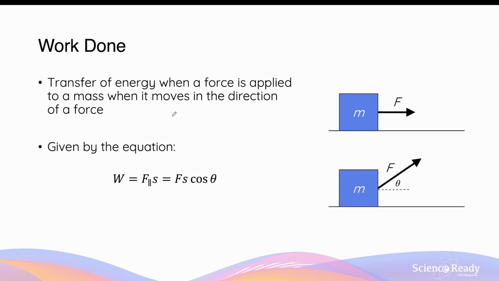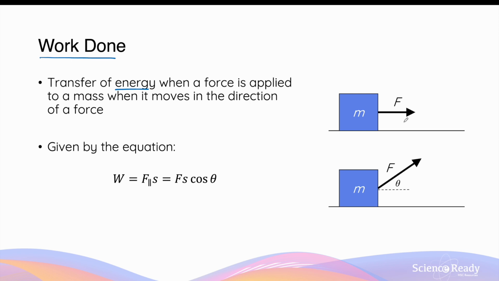The concept of energy is associated with the ability to do work, and therefore the term in physics, work done, is defined as a transfer of energy when a force is applied to a mass when it moves in the direction of the force. Suppose a horizontal force is applied onto a mass on a horizontal surface. Now this force is likely to cause the mass to travel towards the right, therefore giving it some form of kinetic energy.